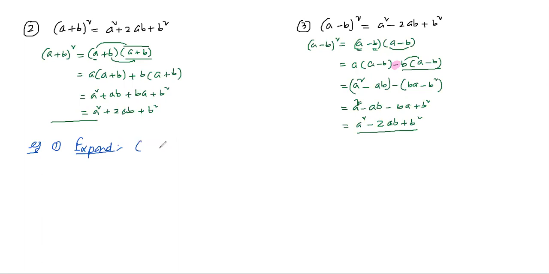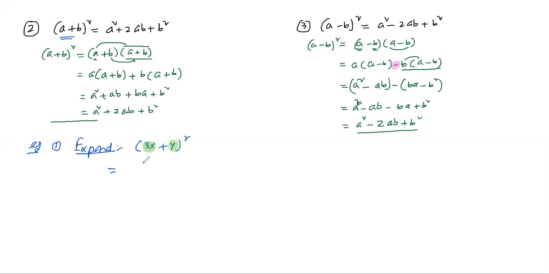Suppose somebody tells you to expand this. Make use of your observation, which must be very strong. This whole thing I'll treat as A, this whole thing as B, and in between there is a plus sign. So you can compare the whole problem with the identity (A plus B) whole square.